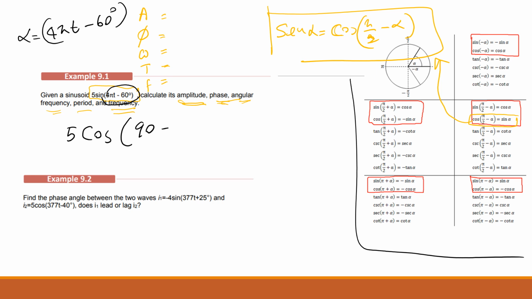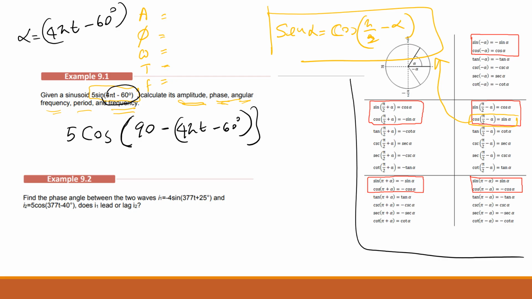And minus, okay, so here, cos minus is cos, isn't it? Yes. So 90 minus 4 pi t minus 60. Am I right? Is this right?